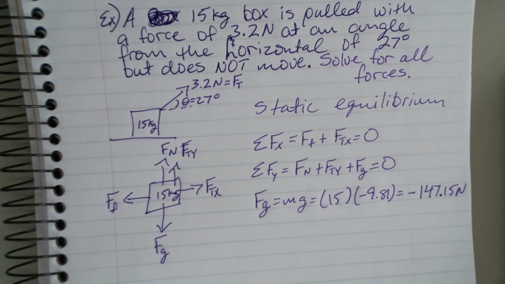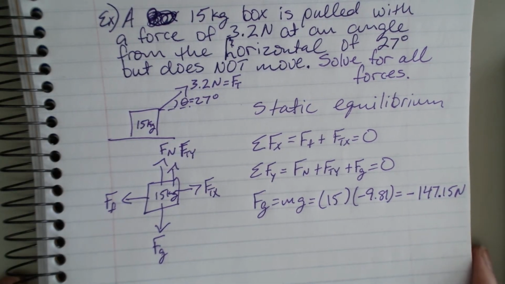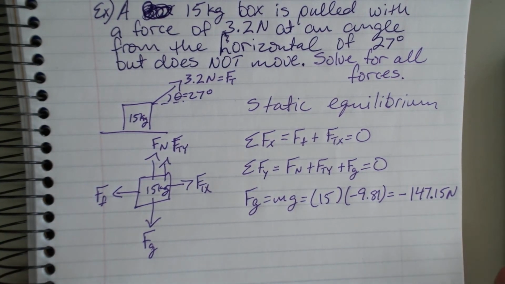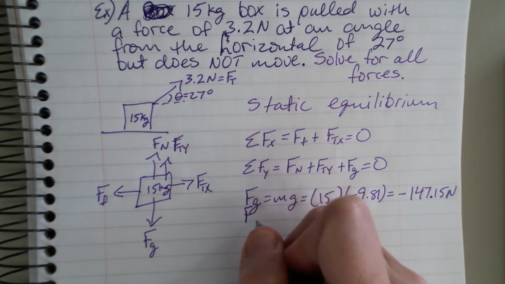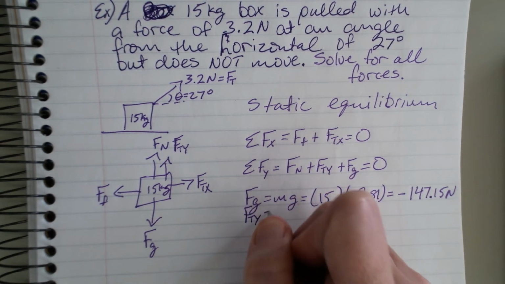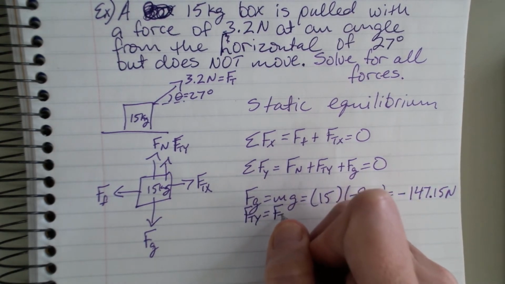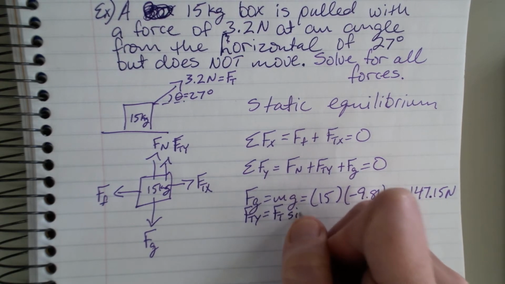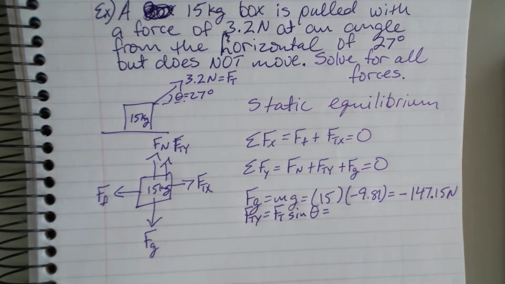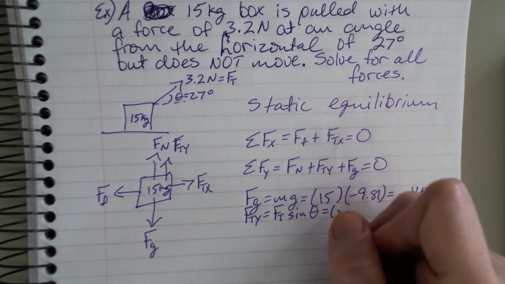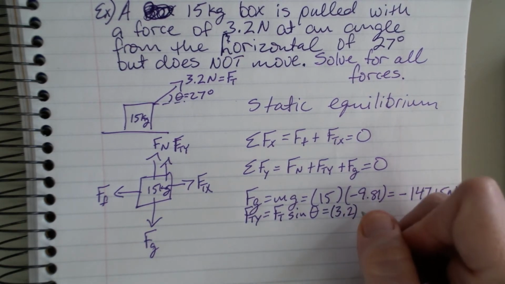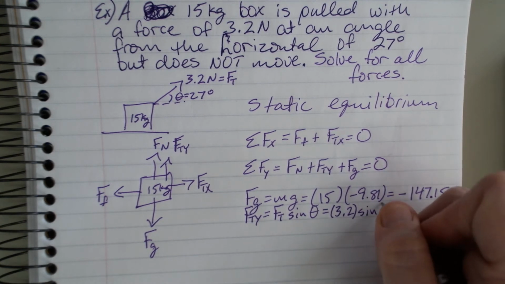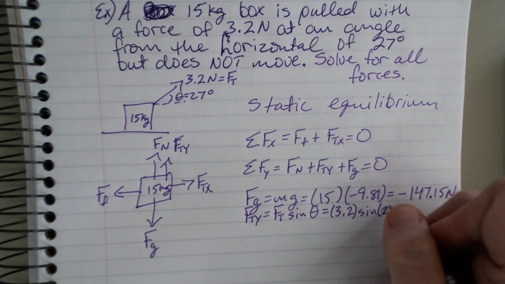Now, according to those 2 equations that I put in your notes at the top of the page, I can also find my Fty and my Ftx. So let's find all of those. Fty equals Ft sine theta. So my Ft in this case is 3.2 newtons, so it's going to be 3.2 sine, and my theta is 27 degrees.